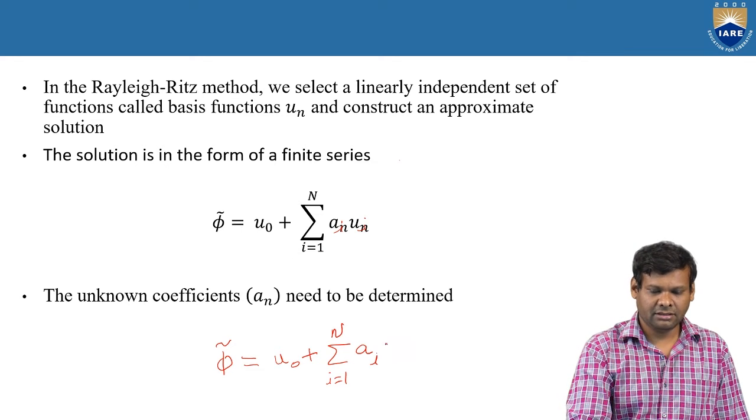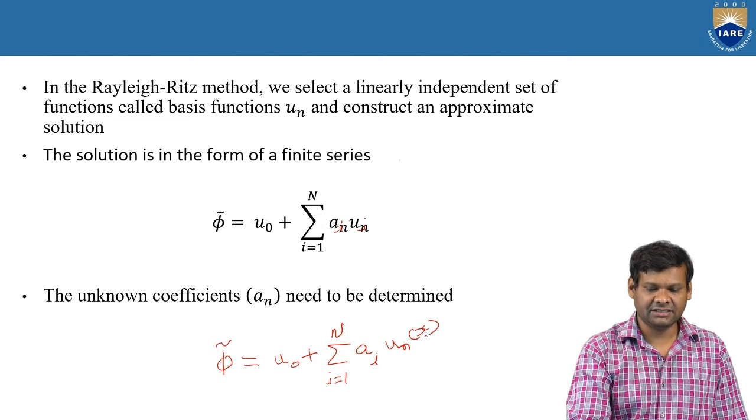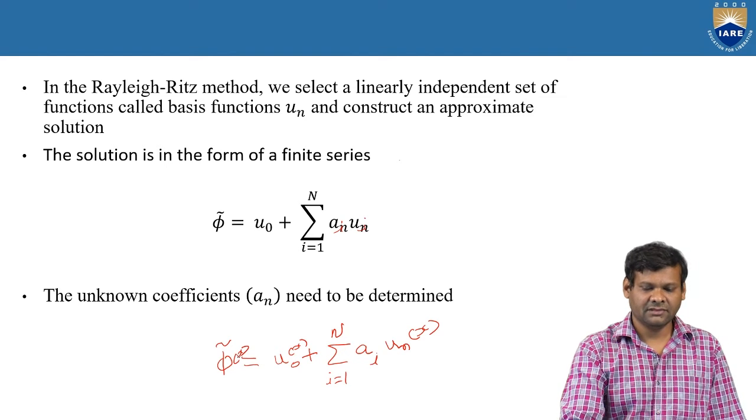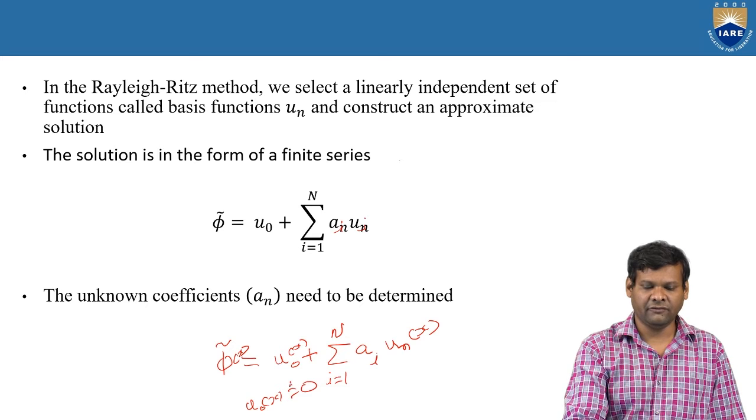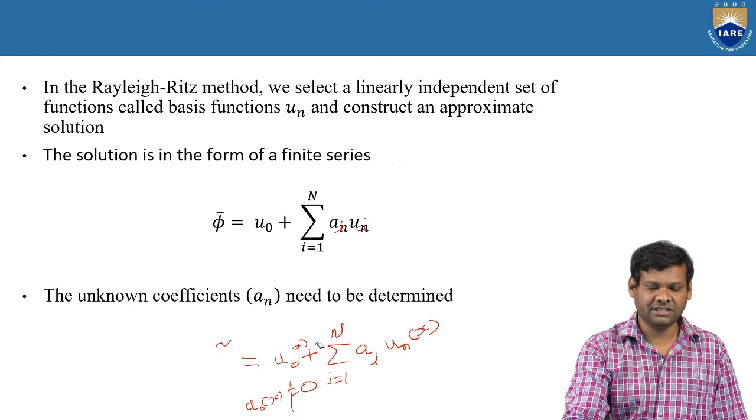For one dimensional it is x. For homogeneous boundary conditions, u naught of x equals 0. For non-homogeneous boundary conditions, u naught of x is not equal to 0.